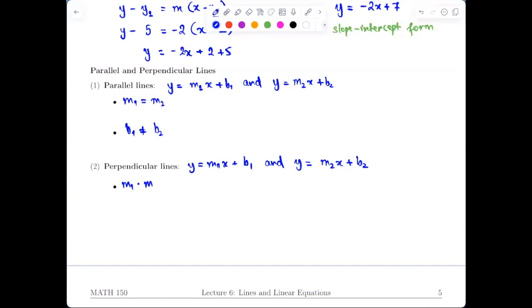So m1 times m2 equal to -1. Or you can solve for m1 from here, and you get m1 equal to -1 over m2. Or you can solve for m2, which is equal to -1 over m1. Either one of these formulas should be fine.